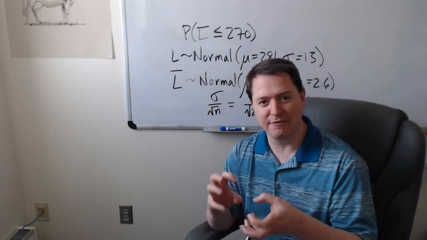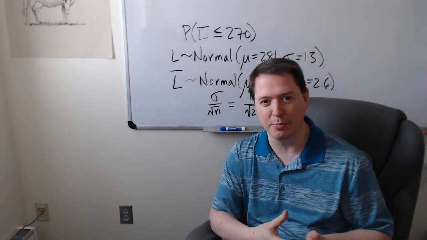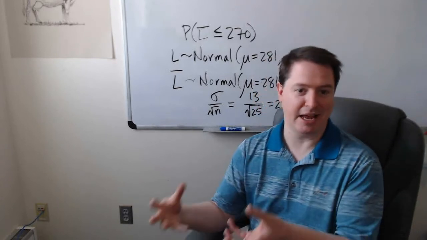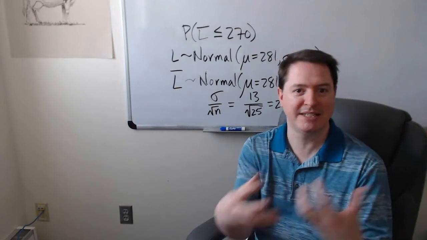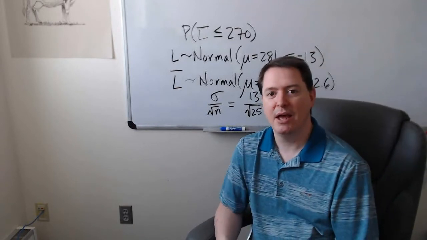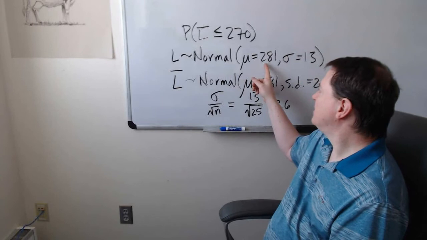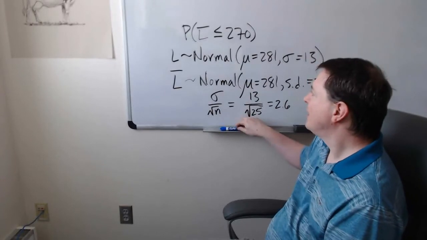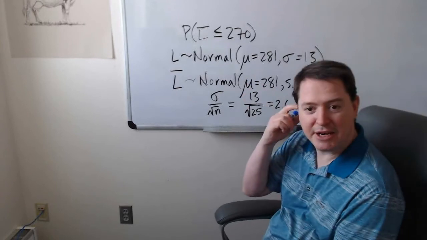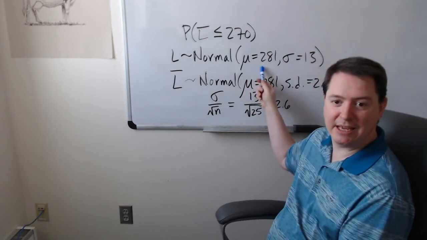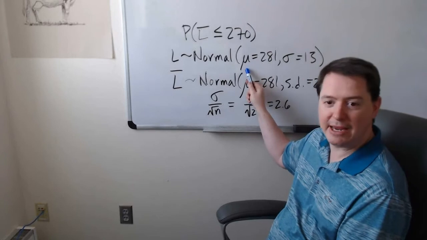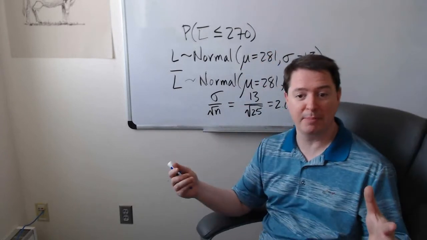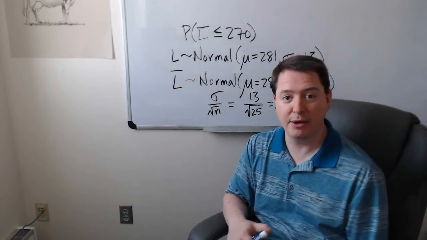Because now I'm looking at a very strict subgroup, and actually I don't even know if subgroup is really the right word, because it's actually like a new group, a separate population from this. Using this was making an implicit assumption here that the diet had no effect on the mean length of pregnancy, and therefore I can just use this same mean for the general population with my group.